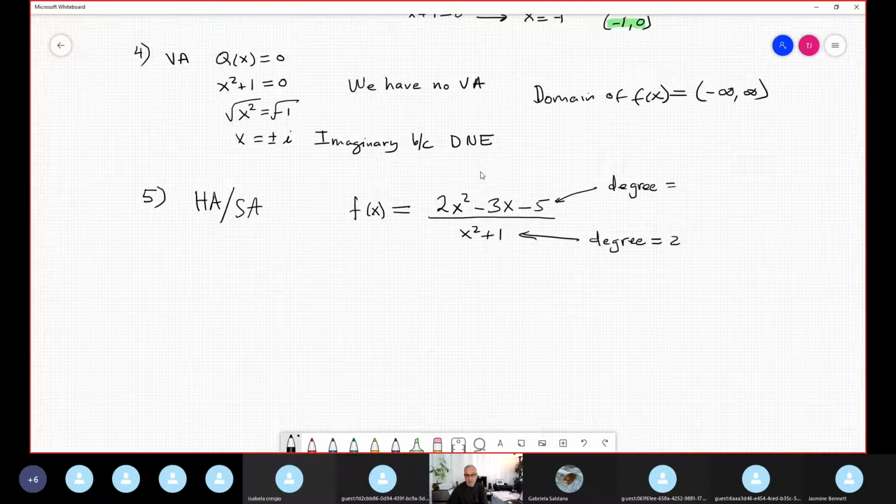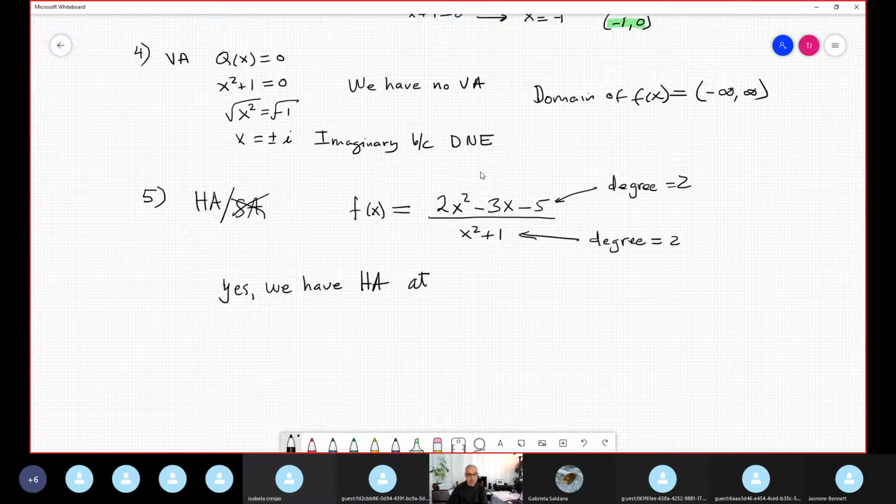It's 2, in both cases. So I need to know by memory that when you have the same degree, do we have a horizontal? Yes. Slant? No. Horizontal, yes.